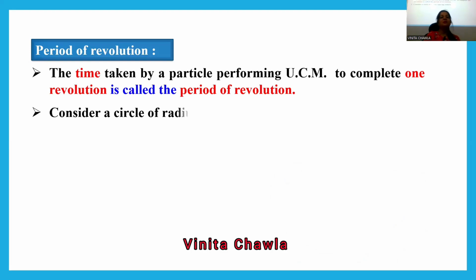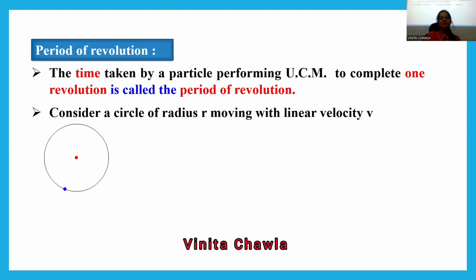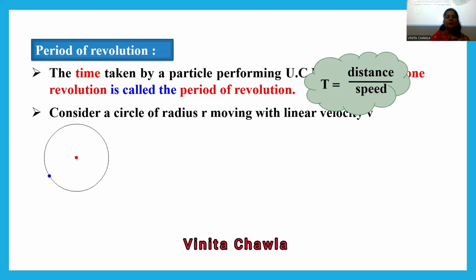The time taken by the particle to complete one revolution is called the period of revolution. Consider a circle of radius r with an object moving with linear velocity v. This object, which is blue in color, is moving about a fixed point, which is red in color. Time period is distance upon speed. What is the distance covered by the particle in one revolution?